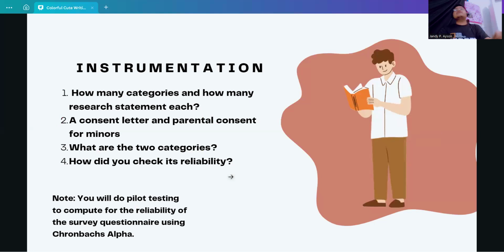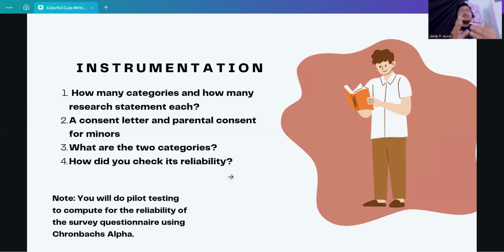Napakadali lang. Next naman is for the instrumentation. For the instrumentation, we will be answering several questions just like number one, how many categories and how many research statements each. So yung magiging content ng ating survey questionnaire. Pangalawa, syempre important na maglalagay tayo ng consent letter.